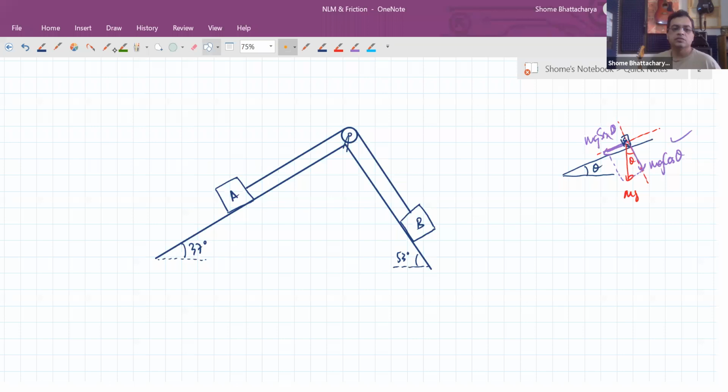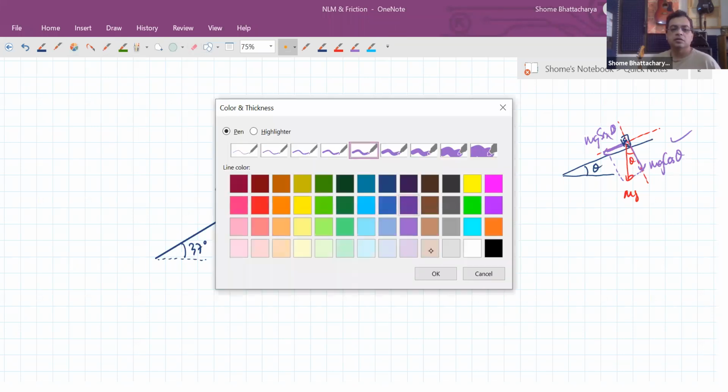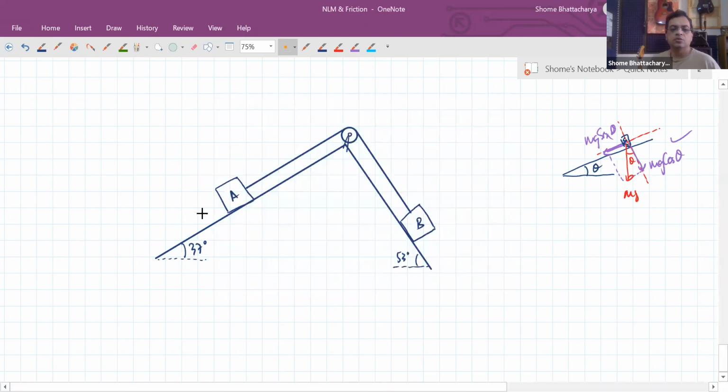Okay. So here, if we see, this component will become the sine component. And remember, mass of A was given to us as 60 kg. So this will become 36g.